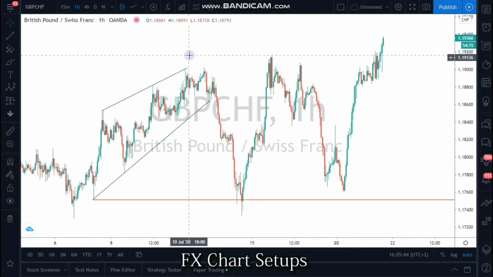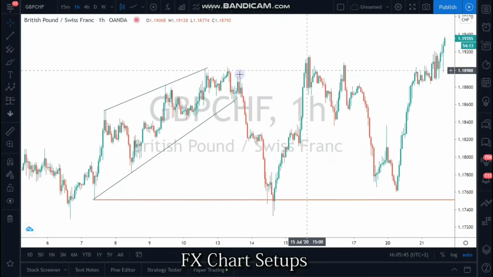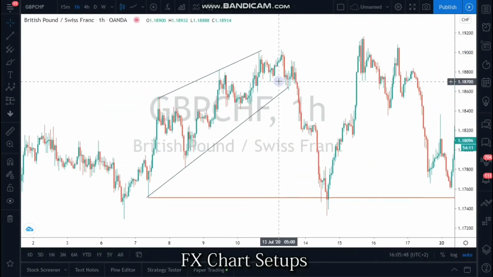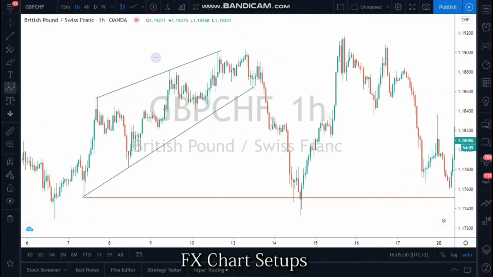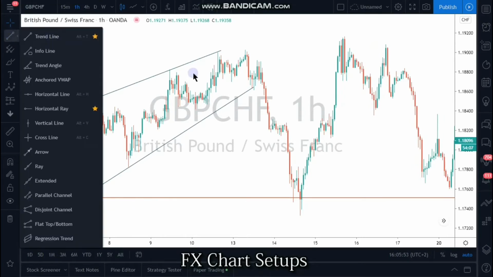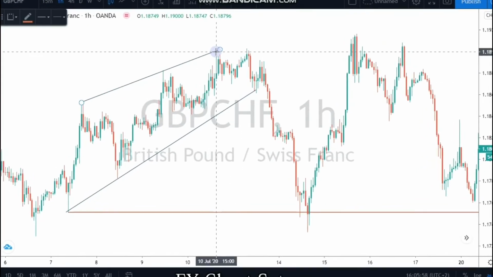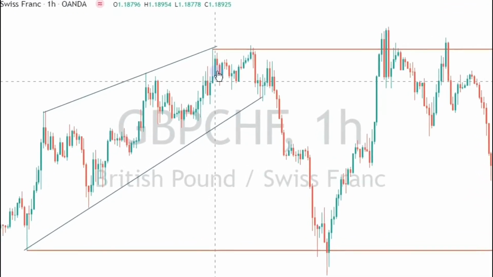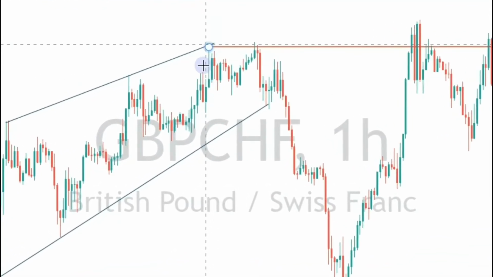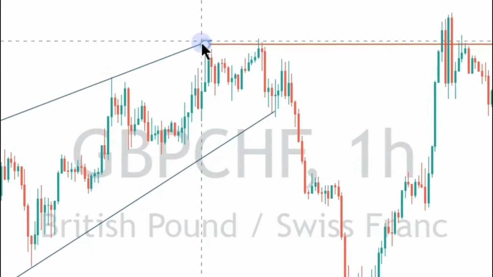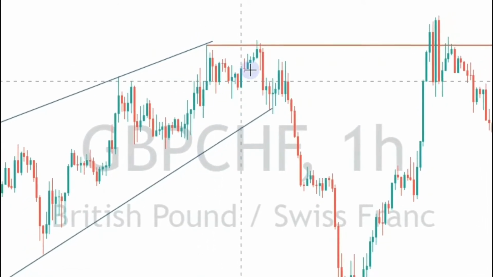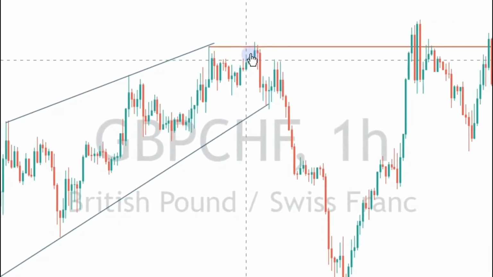This is very easy to see in hindsight, but we were doing this in active live market conditions. Where the market was somewhere in this area here, we marked out our potential double top region after we saw this bearish pin bar here. So the market then pushed away from this area and returned back to this area.